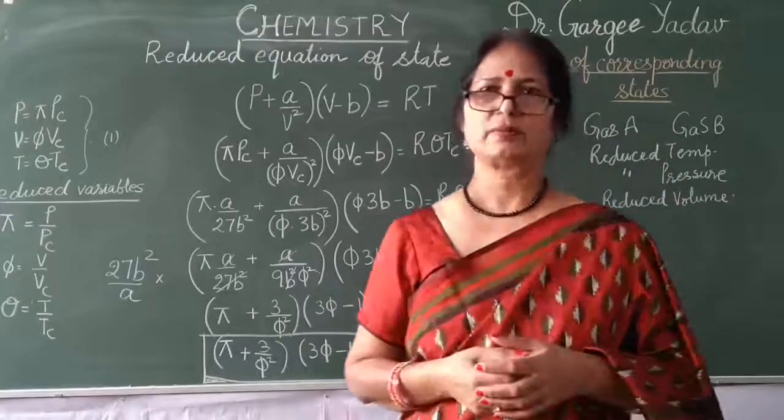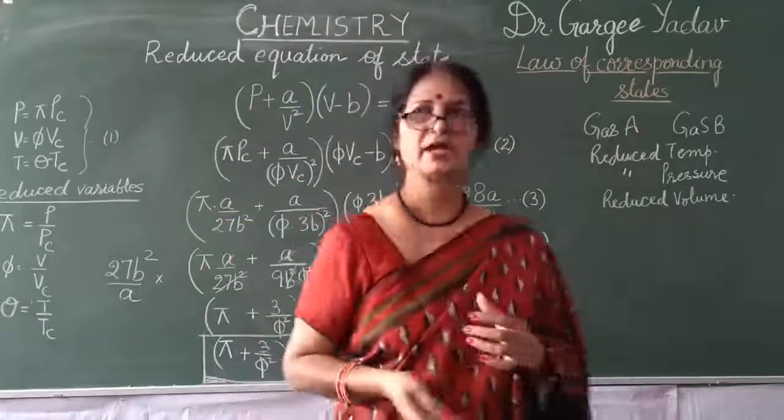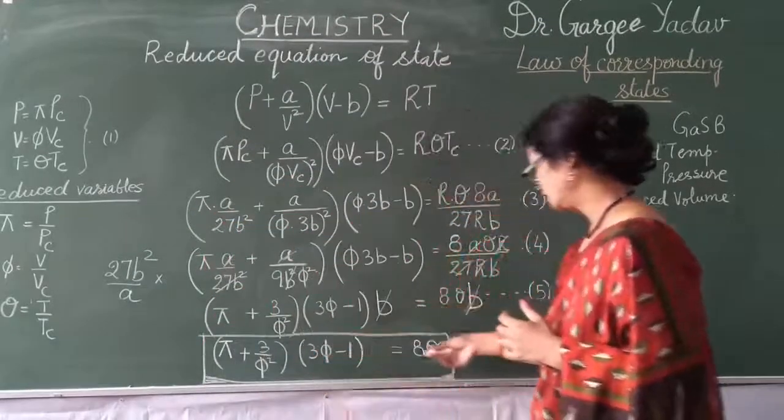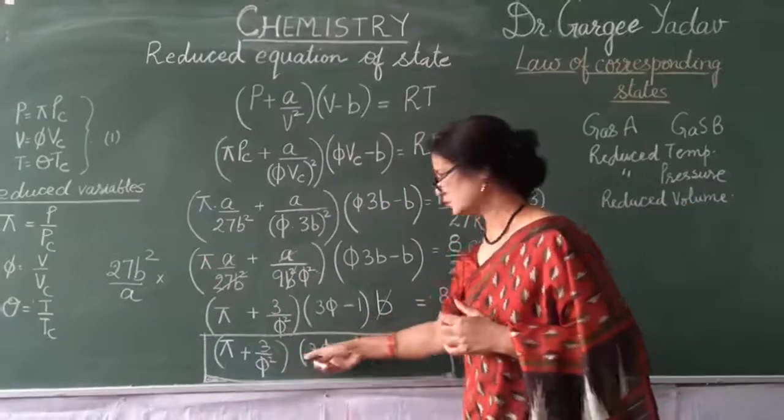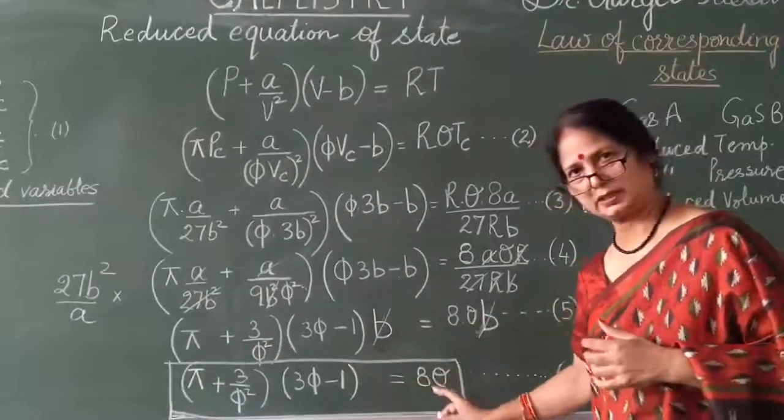Now I will tell you about the significance of this law of corresponding states. We have arrived at this equation which is the reduced equation of state, 5 plus 3 upon 5 square into 3 5 minus 1 is equal to 8 theta.